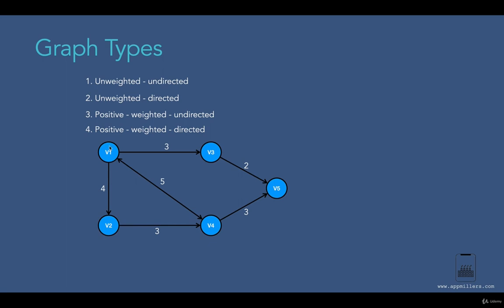Here again we can go from V1 to V2, but we cannot come back from V2 to V1 directly. It's possible to come from V2 to V1 by using other directions, but we cannot use the same road that goes from V1 to V2. So that's why it's called a directed graph. We can call it a positive weighted directed graph because of these specifications.